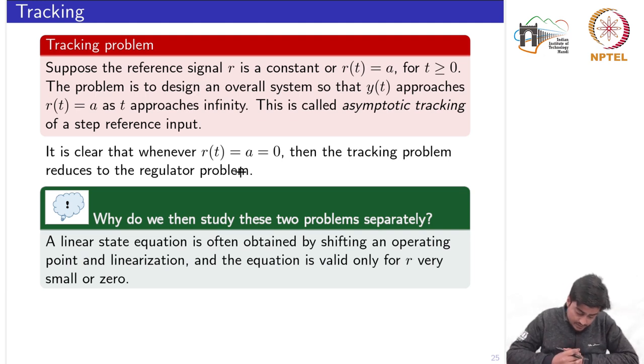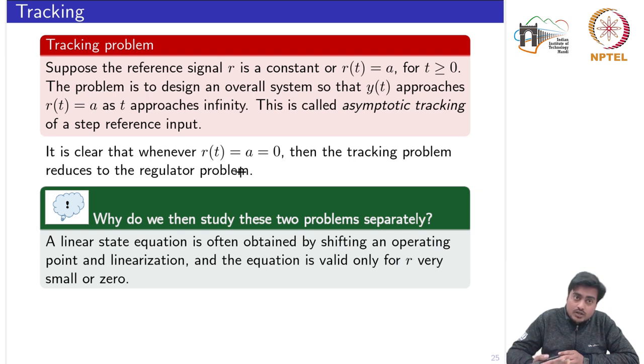So the first question arises: why do we then study these two problems separately? The straightforward answer is that most of the linear systems we are discussing are derived by linearization of a non-linear system around some operating point.